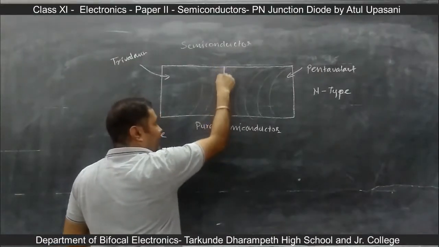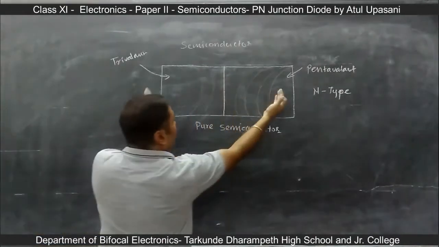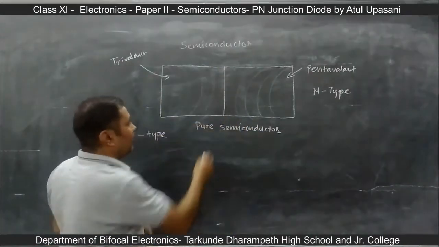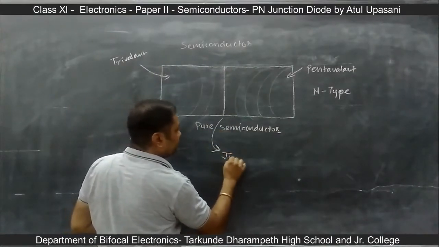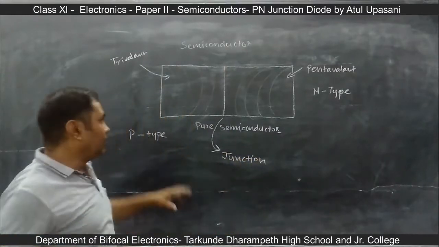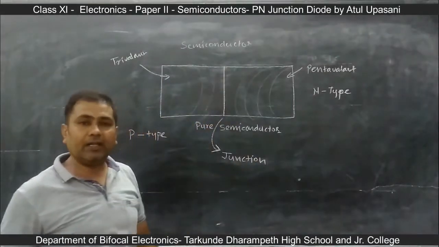There will be one point where both the n-type material and p-type material meet each other. So this edge is called the junction. What is a junction? Where the p-type material and n-type material meet together, they call it a junction.